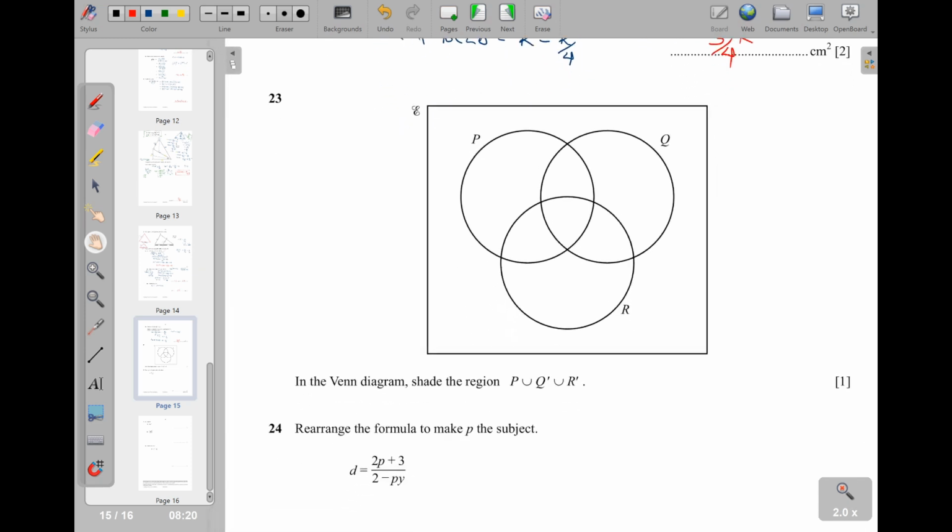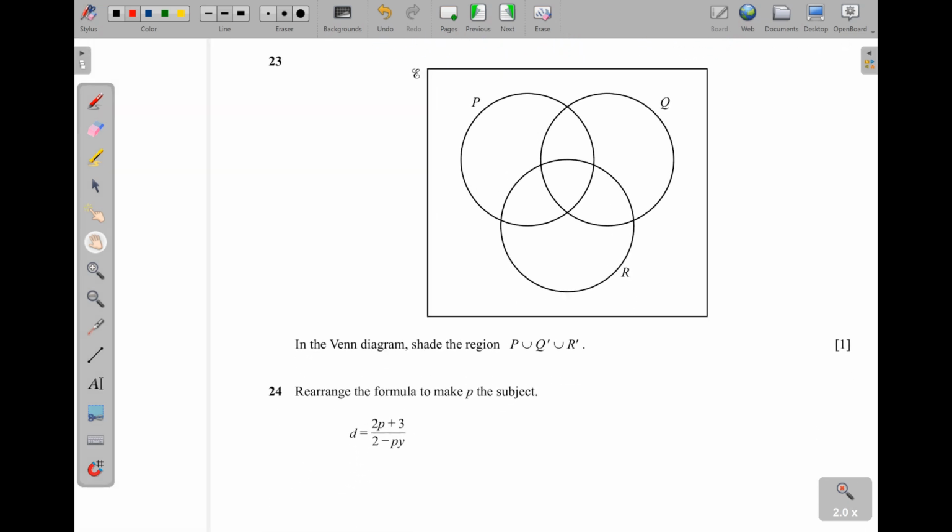Then number 23 is from sets, and in the Venn diagram shade the region P union Q complement union R complement. Now, you are going to shade P, the whole of it, the whole of set P. Union is to put all things together, okay?